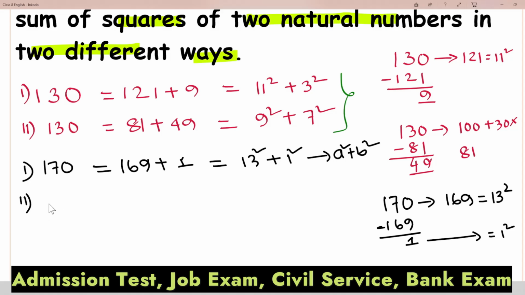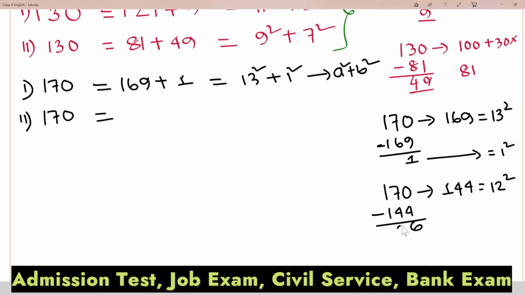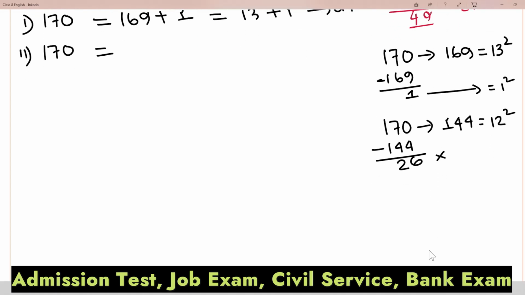Again we are trying to find two different ways for 170. So what is the next? The next perfect square is 144, which is 12 square. So 170 minus 144 will become 26, but 26 is not a perfect square. So we have to go to the next one.